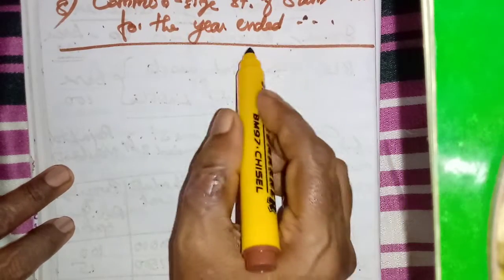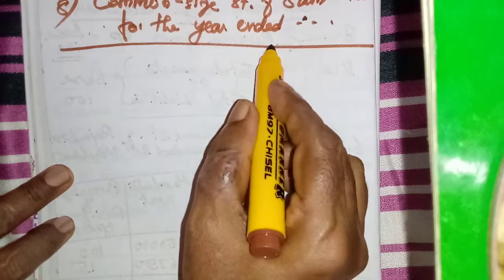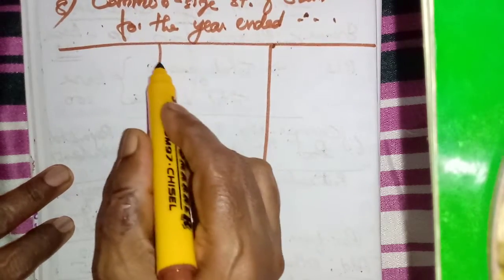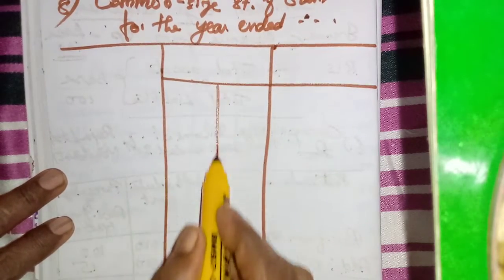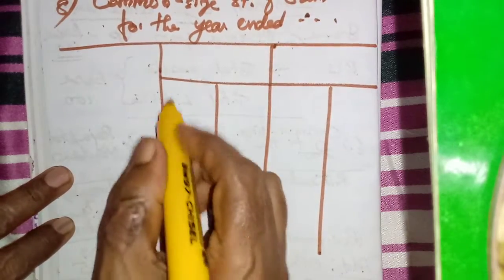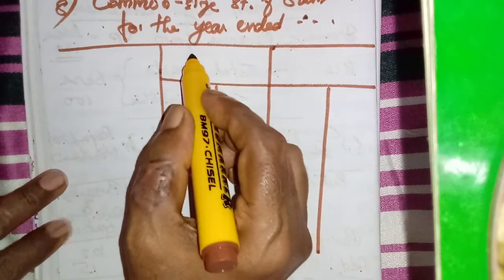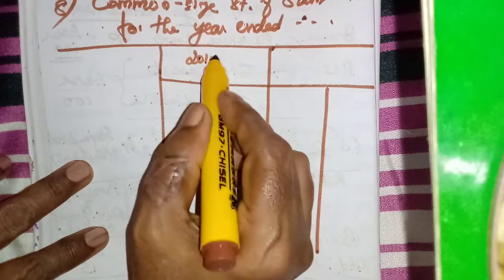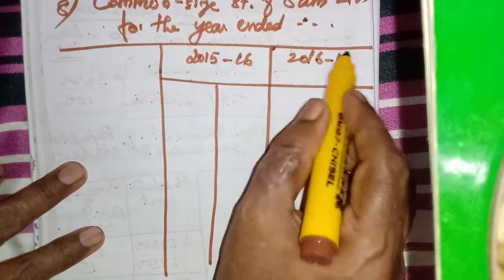Here 2 years. Okay, here 2015-16, here 2016-17.